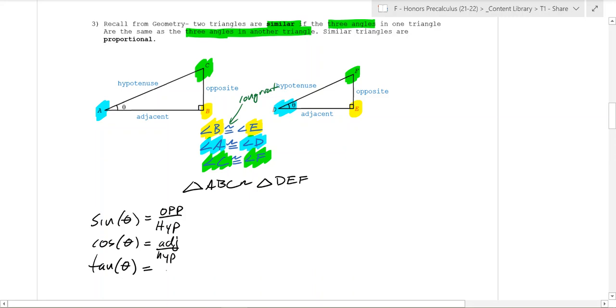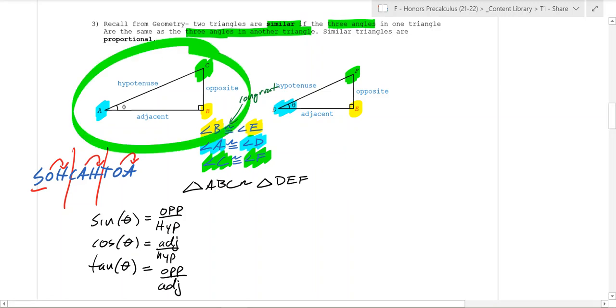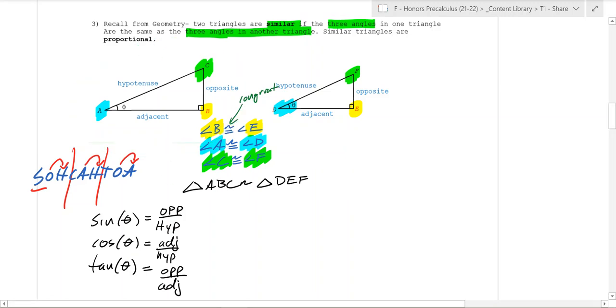And tangent is equal to the opposite side over the adjacent. These are just ratios. And you might remember this. SOHCAHTOA. What you see there is the three trig functions. Sine is opposite over hypotenuse, cosine is adjacent over hypotenuse, and tangent is opposite over adjacent. So those three side lengths are labeled here, and it's just the ratio of the sides.